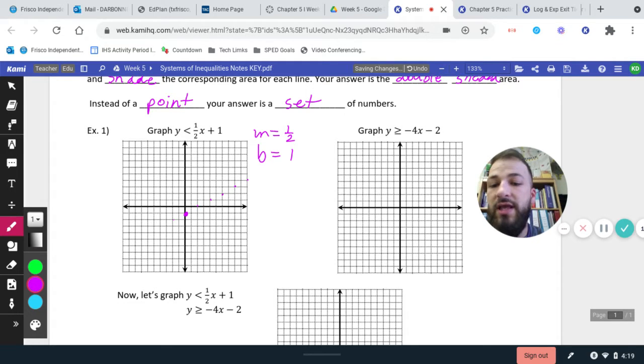And then to the left, same thing, just opposite direction. And then it is a less than sign, so that's going to be shade under and dotted line. Dotted line for my graph, and then less than means shade under.